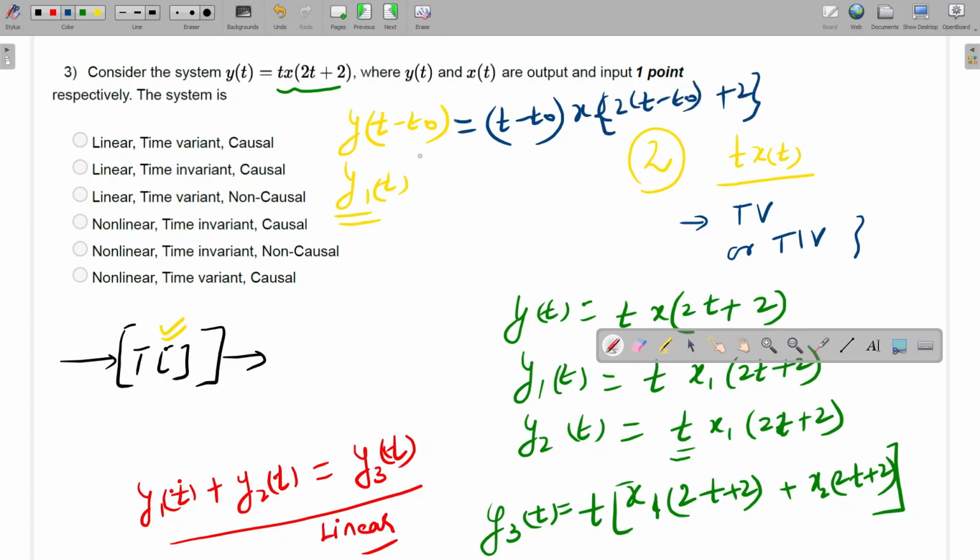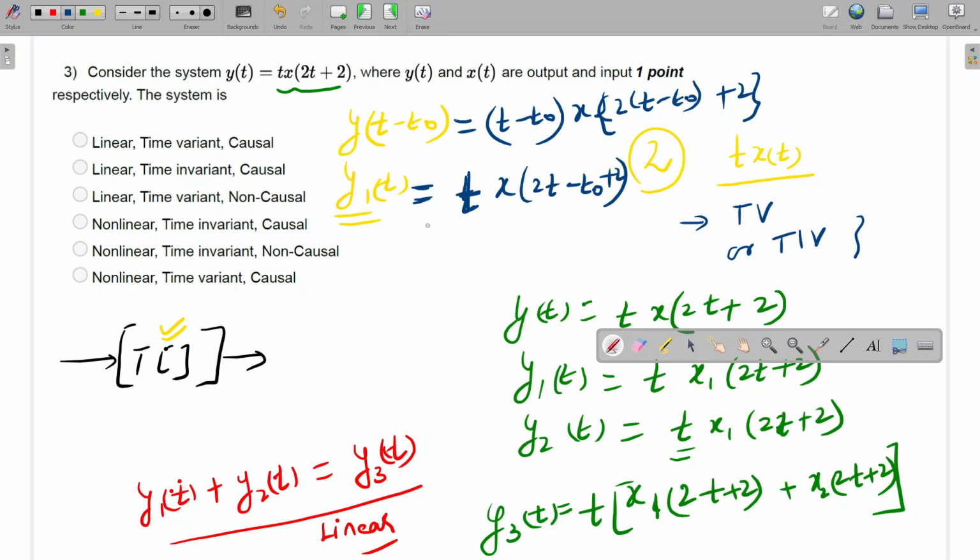What is y1 of t? Y1 of t means the same transformation will apply to x shifted by t naught. So that will be t into x of 2t minus t naught plus 2.